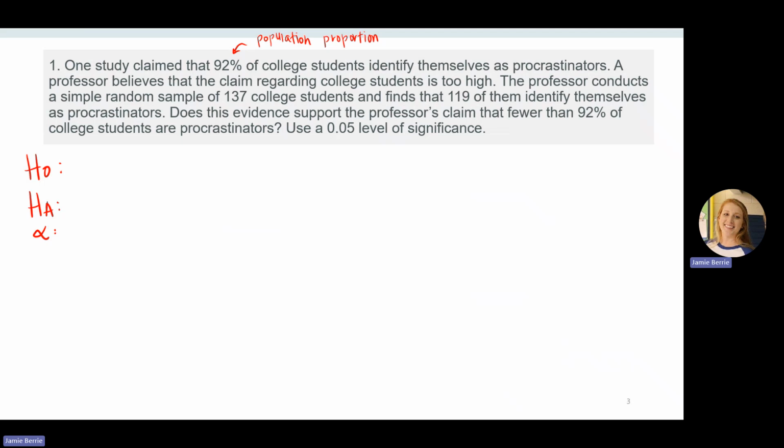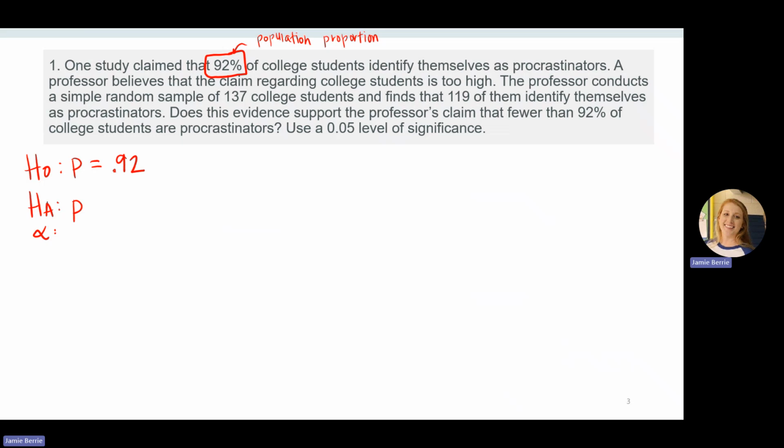All right, so the symbol for population proportion is just lowercase p, and we still have the equal to in the null hypothesis. So the value that's currently believed to be true is that 92% of college students self-identify as procrastinators. As a decimal, that would be 0.92.